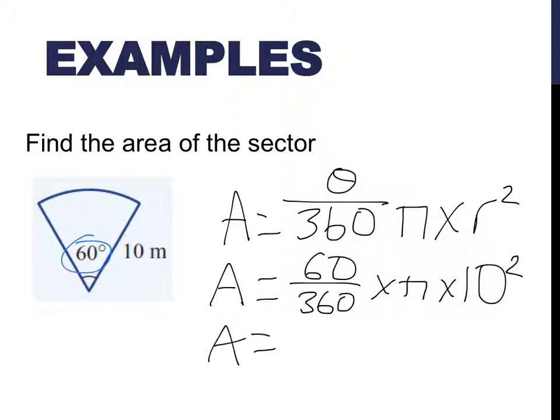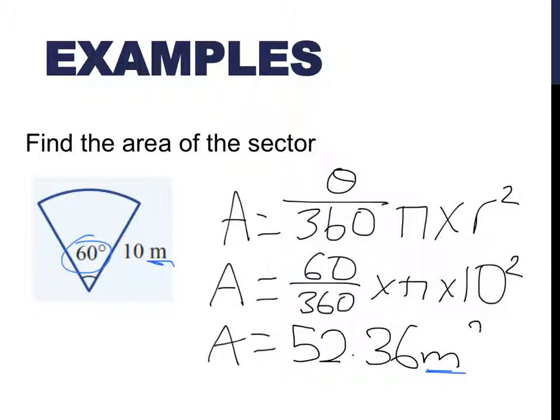Let me plug this into my calculator, and I get my answer of 52.359. I'm checking to see that you are putting this correctly. So 52.359 gets rounded to 52.36 meters squared.